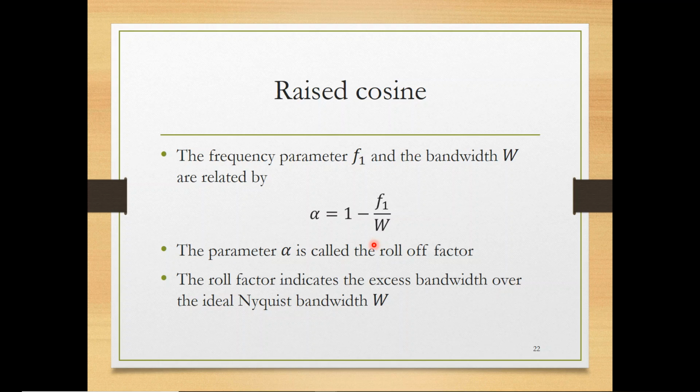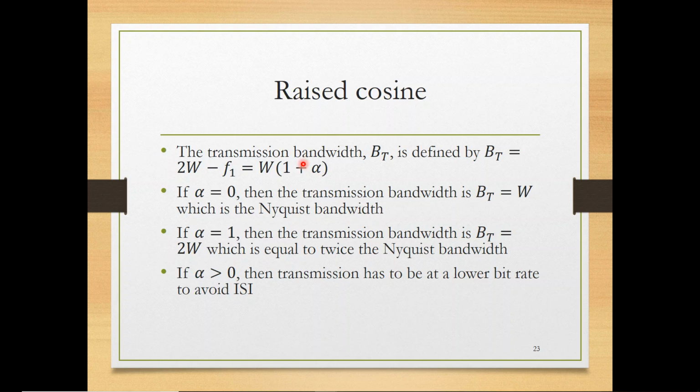It determines the slope of the curve and the bandwidth of the raised cosine pulse. The roll-off factor indicates the excess bandwidth over the ideal Nyquist bandwidth W, which is coming from the rect. The transmission bandwidth BT is defined by BT equal to W multiplied by 1 plus alpha. So this is the new transmission bandwidth.